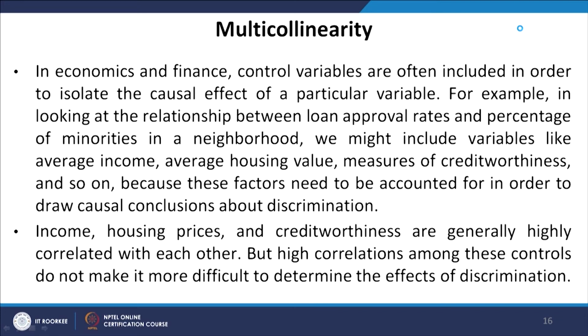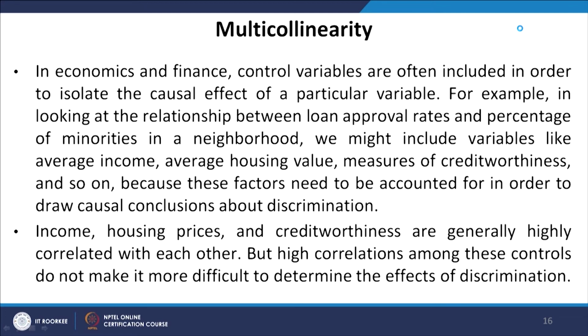For example, in looking at the relationship between loan approval rates and the percentage of minorities in a neighborhood, we might include variables like average income, average housing value, measures of creditworthiness and so on, because these factors need to be accounted for in order to draw causal conclusions about discrimination. So, we are actually looking at the relationship between loan approval rates and the percentage of minorities in a neighborhood.